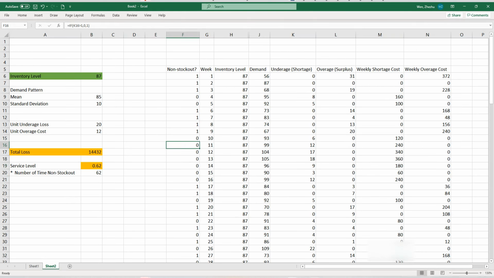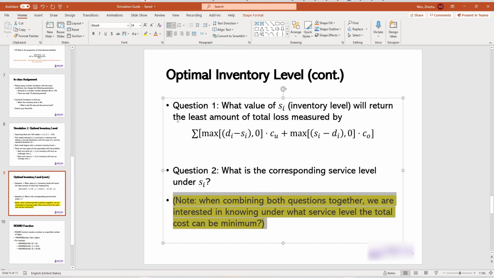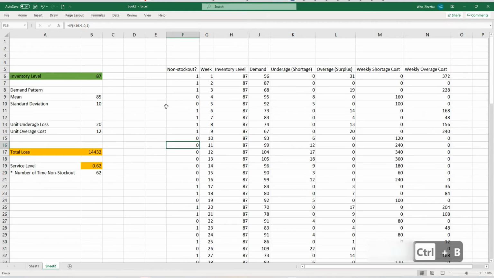Eventually, if you go back to the PowerPoint slide, it's actually putting those two questions together. When combining those questions, we're interested in knowing under what service level the total cost can be minimized. I think that is our million-dollar question. I'm asking you to tweak this inventory level because inventory level eventually will tweak the service level.